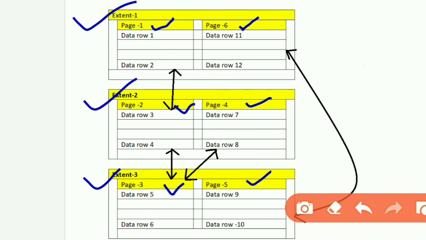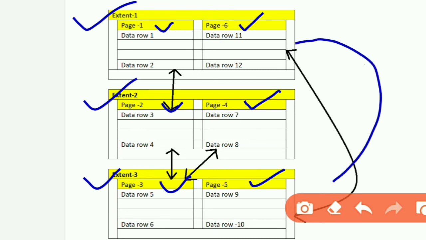Which is not contiguous, correct? Let me remove all those lines. In extent 1, page 1 is here and page 2 should be here, but what is there? Page 6. In extent 2 we have page 2. So this is not the correct order. Page 4 is here, page 3 is here, page 5 is here, and then page 6 is here, which is not correct.